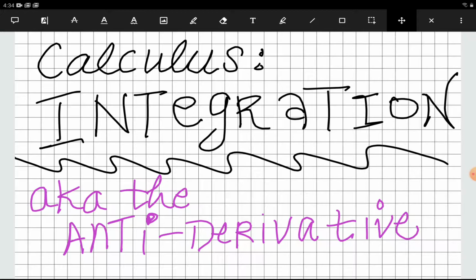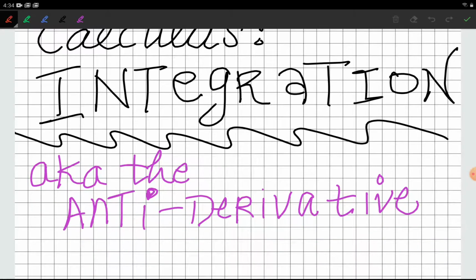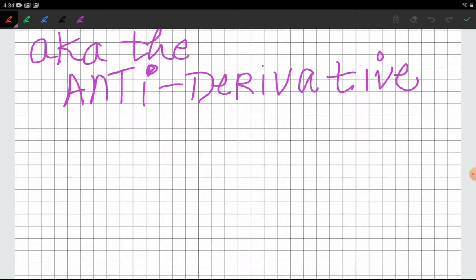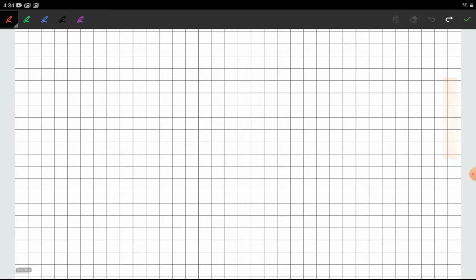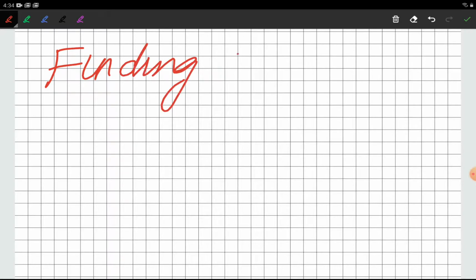So without further ado, let us talk about integration. In my class, we've really been focusing for the past 2-3 weeks on finding the derivative.